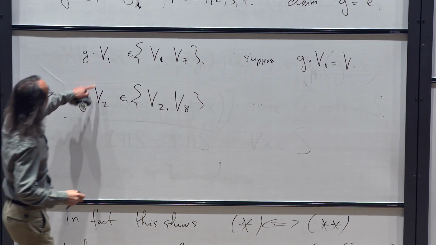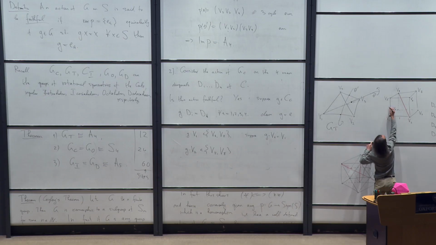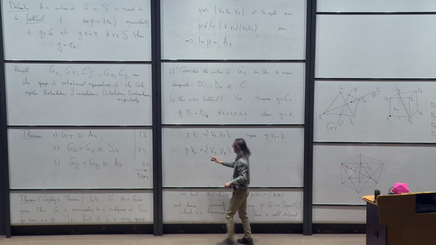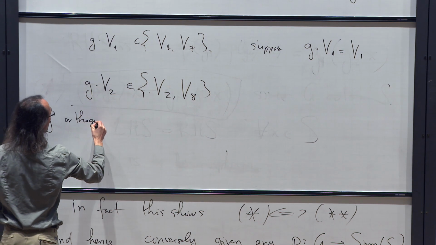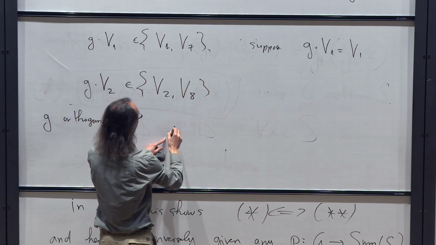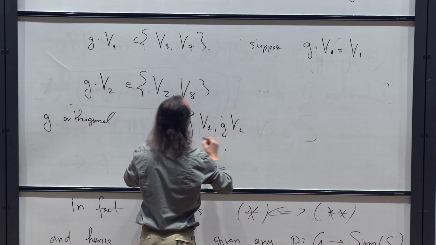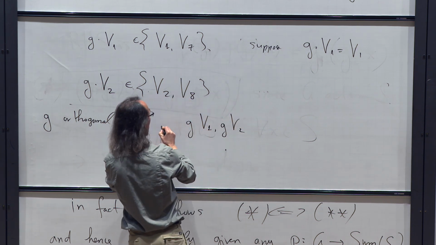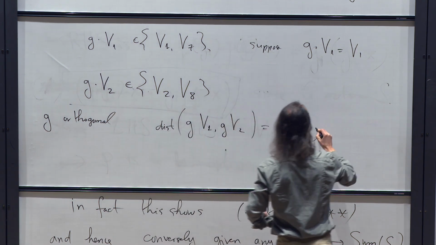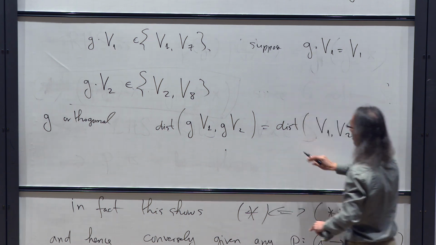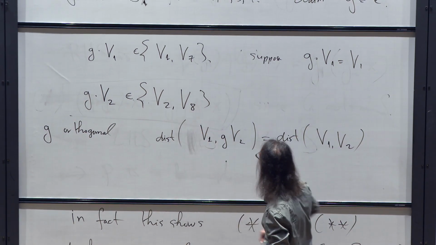Now v2 is of distance 1, is 1 edge away. So if the length of the cube is say 1, since G is orthogonal, rotations are orthogonal maps, the distance from G of v1 to G of v2 must be the same as the distance from v1 to v2. But G of v1 is just v1 because we're fixing it.